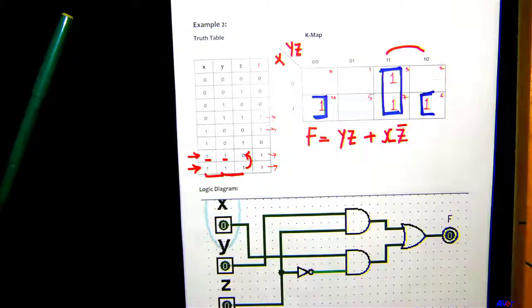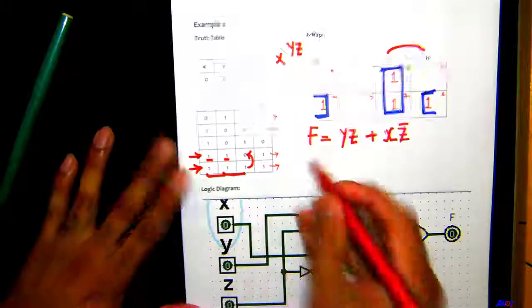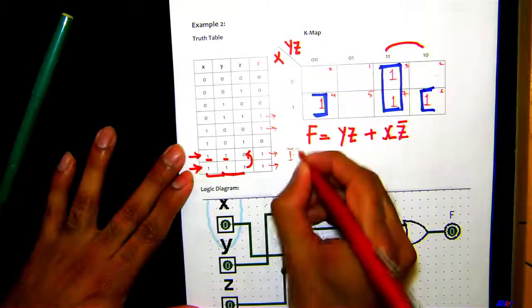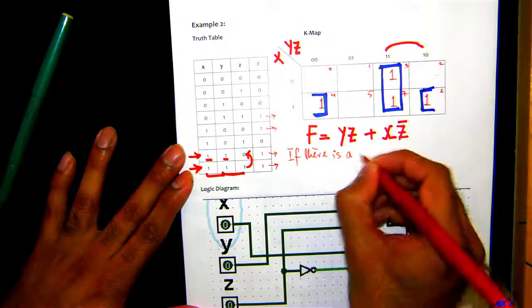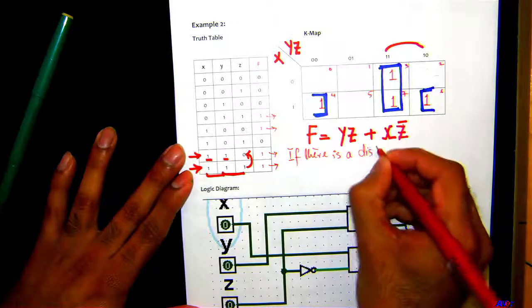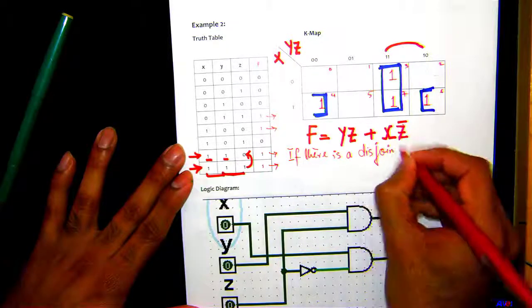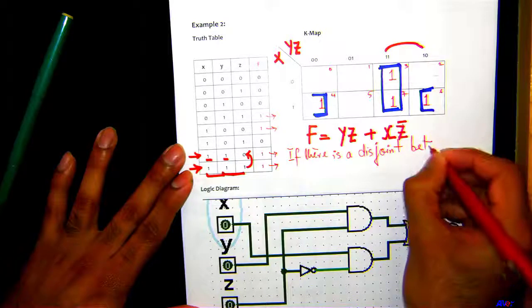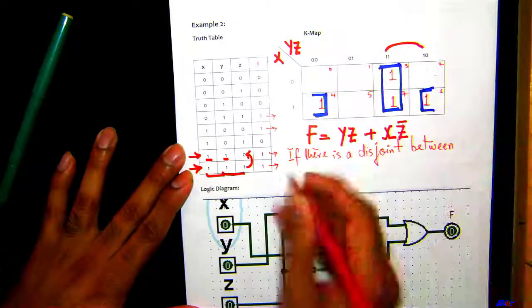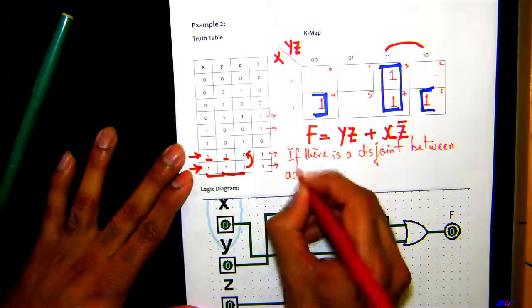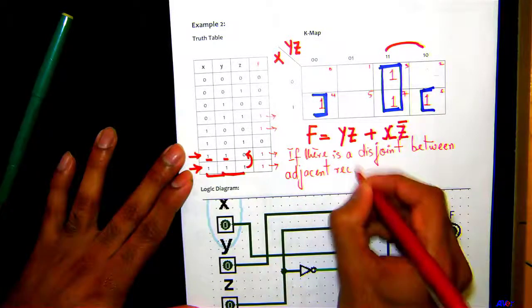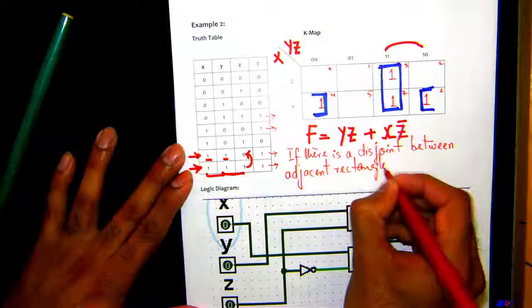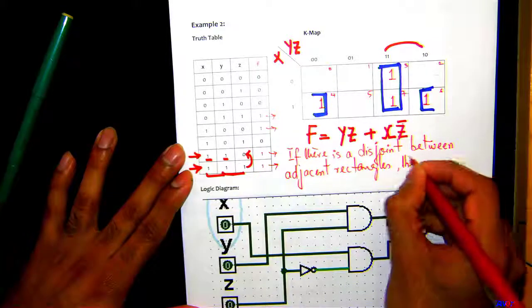There's no connection between these two rectangles, so that means there's going to be a glitch. So remember that. If there is a disjoint between adjacent rectangles, there is a glitch.